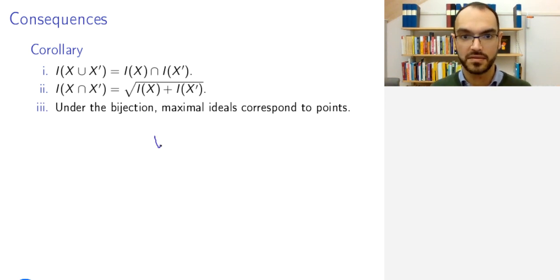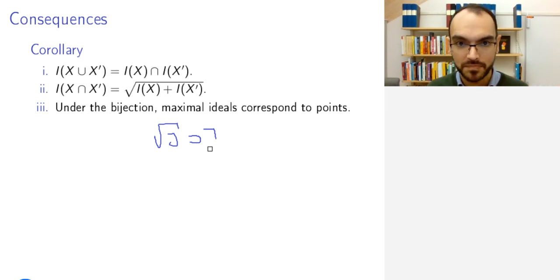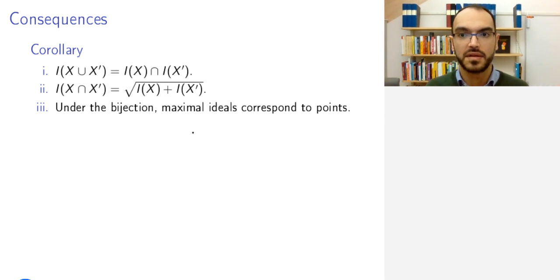Because the radical of an ideal contains the ideal. So if the ideal is maximal, this has to be the same. And as we saw in the weak Nullstellensatz, the maximal ideals correspond to points under this bijection.